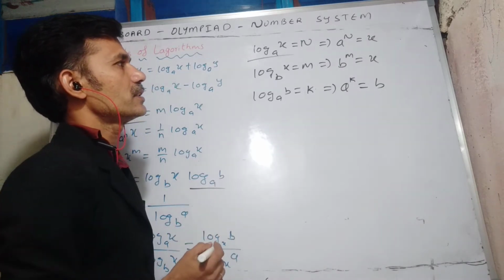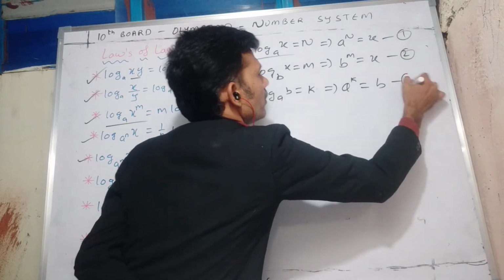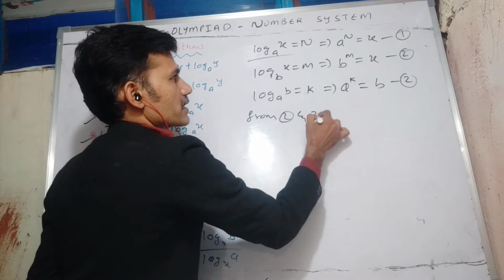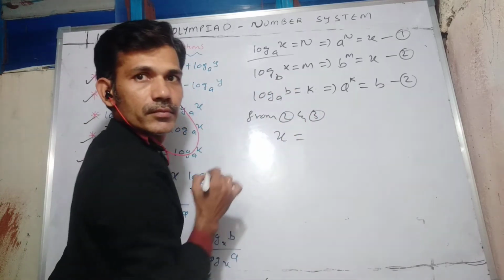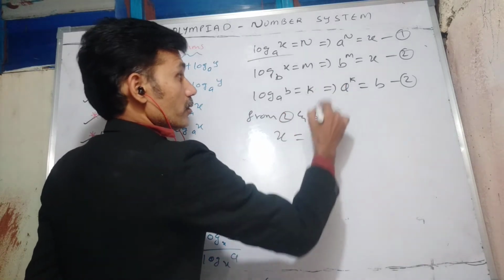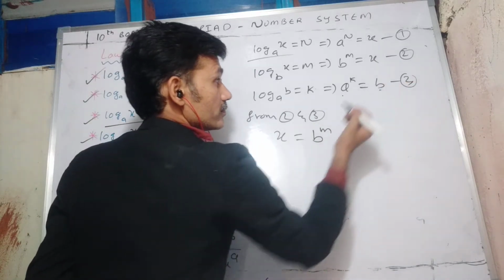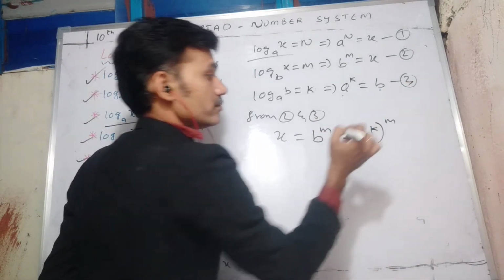Okay, now see how we can verify. We are having three things, no? From 2 and 3, take 2 and 3 conditions. What they have given, x equal to b power m. Instead of b, what we can write from 3? A power k you can write. So a power k whole power m.